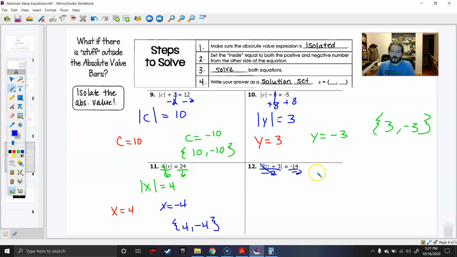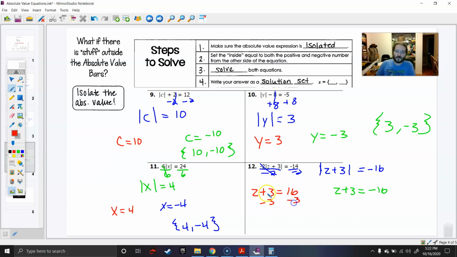All right, so our new equation is going to be absolute value of z plus 3 equals negative 14 minus positive 2, we get negative 16. So our first equation is going to be z plus 3 equals positive 16. Our second equation is going to be z plus 3 equals negative 16. And then we just solve for our variable.